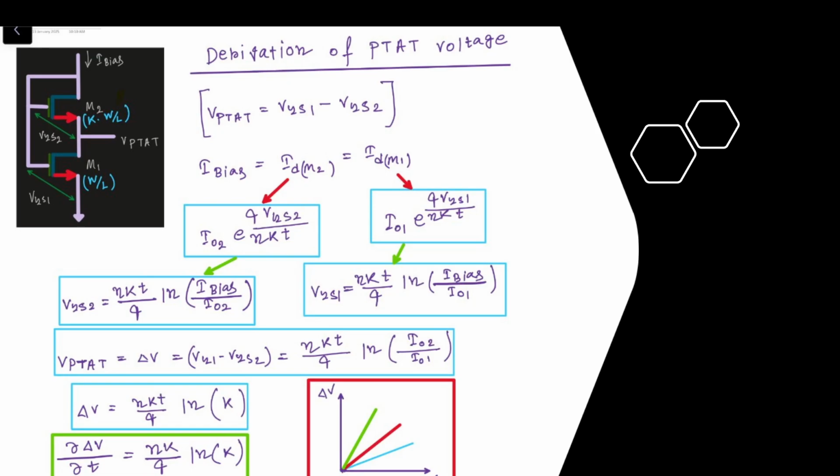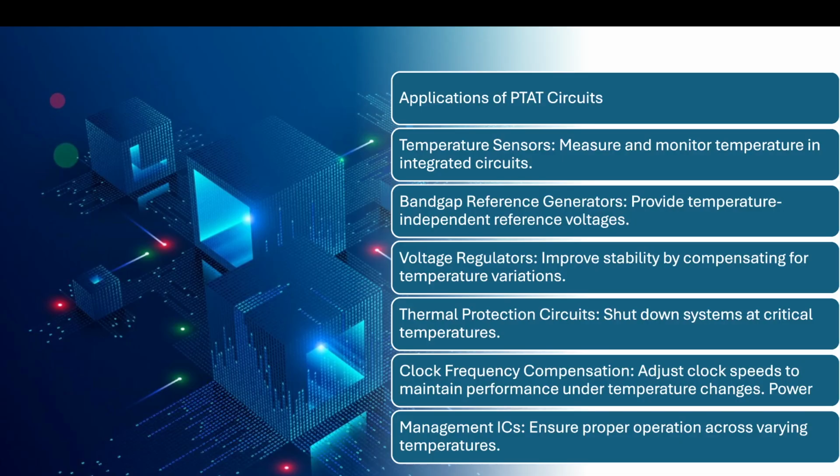So basically this is the derivation part, and now the application part. Where is this circuit required? Obviously temperature sensors, to measure and monitor temperature in an integrated circuit, and also bandgap reference generators, voltage regulators, thermal protection circuits, and shutdown systems at a critical temperature.